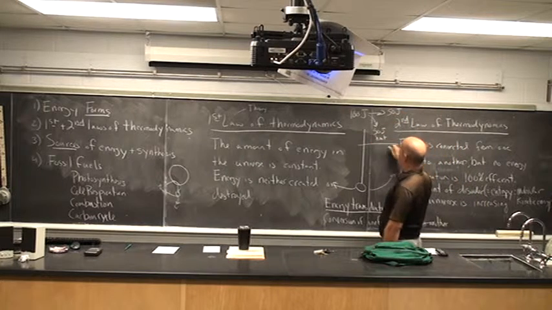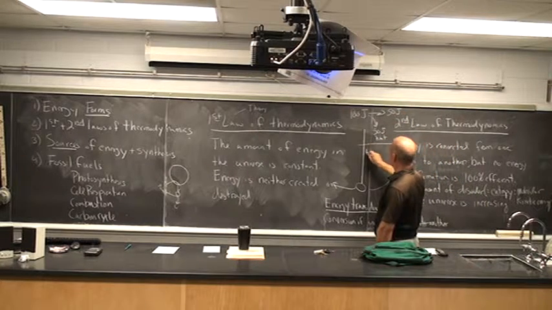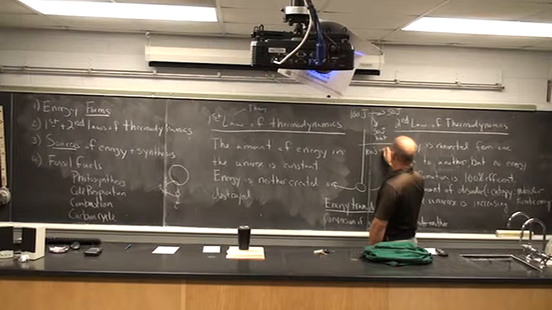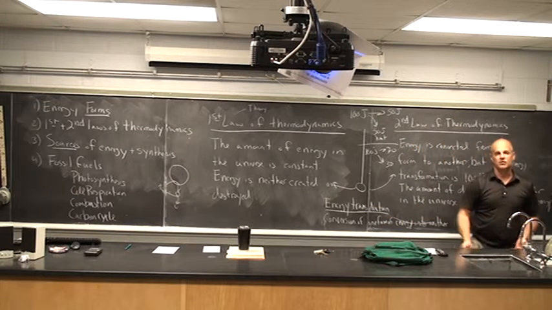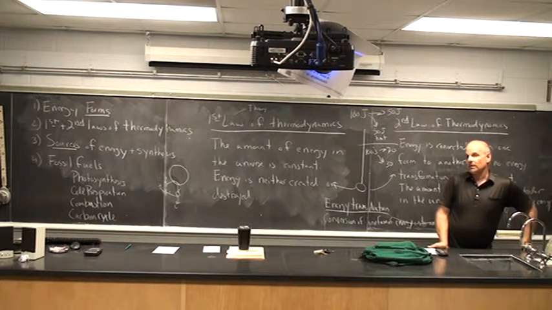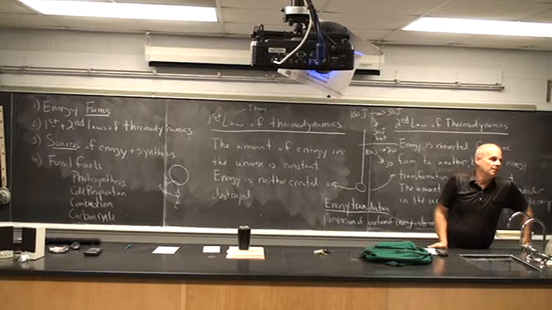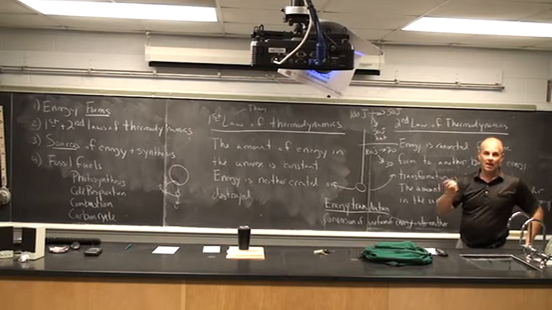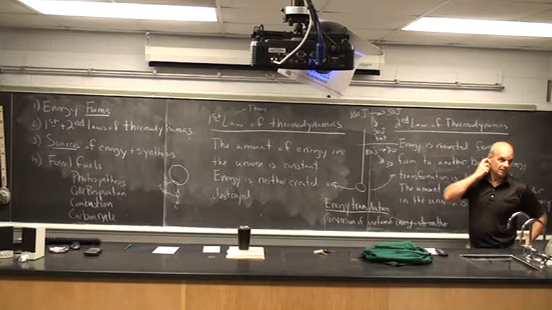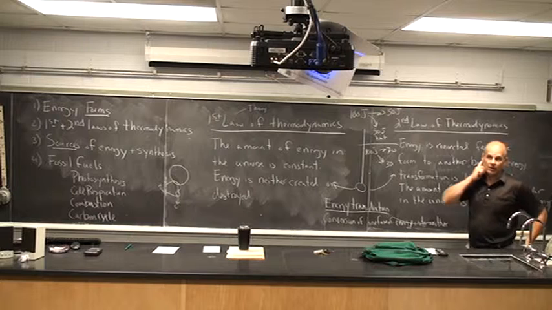Well, if I, through engineering, can take that same 100 joules and turn it into 70 and only lose 30 joules, I've increased my efficiency. People are really interested in that because it could have to do with how you construct your house, for example, or the engineering of automobile engines.